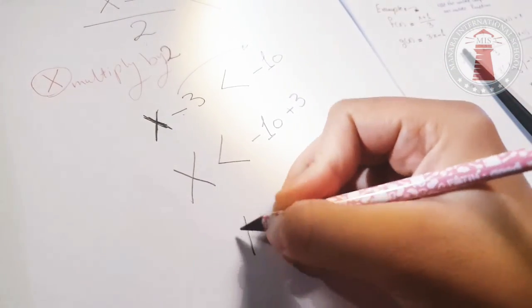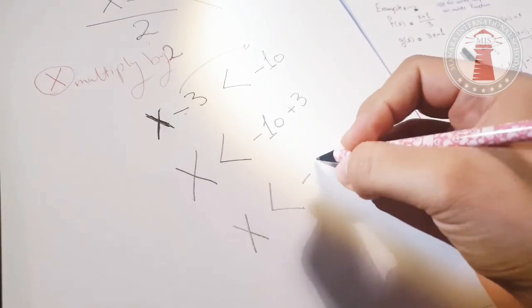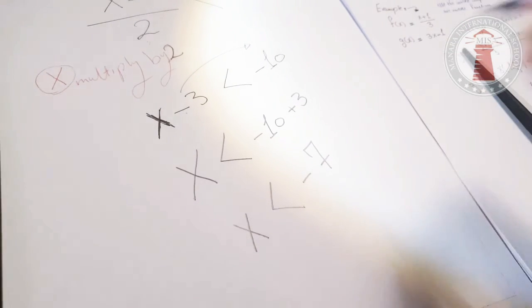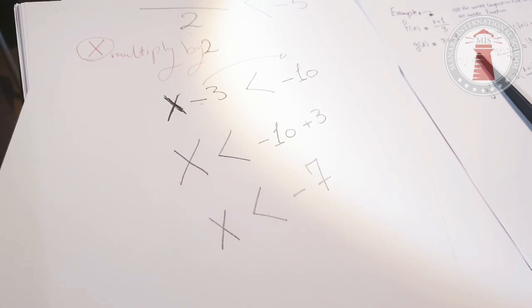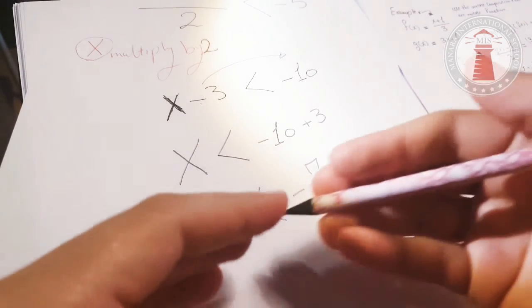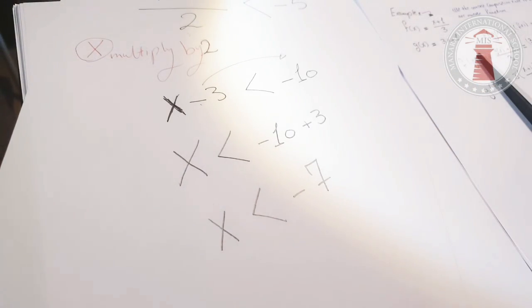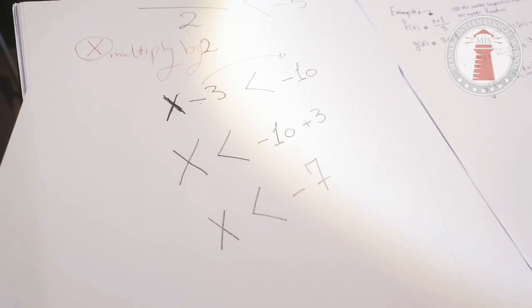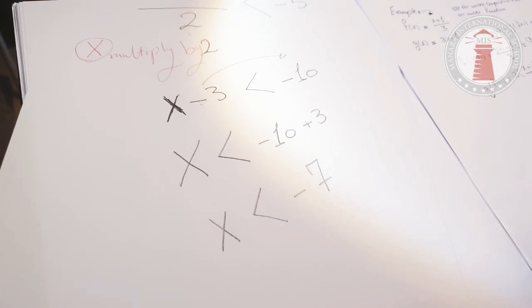So it is x less than negative 7. Now we solved our inequality. x here doesn't represent just one value, it represents many values. It could be any number that is less than negative 7.